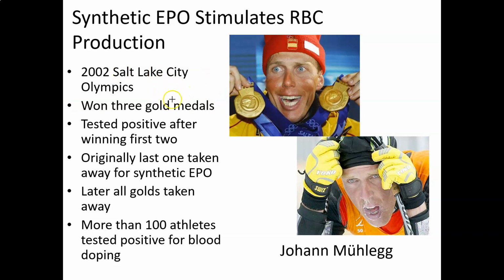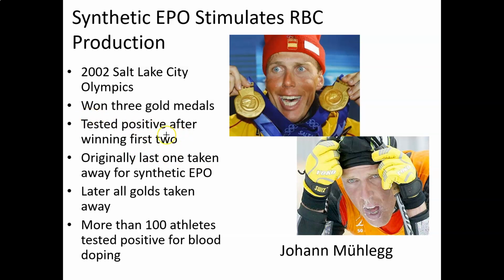So in the Salt Lake City Olympics in 2002, they actually figured out how to test for the synthetic erythropoietin and didn't tell anybody. And so what they were doing is they were doing the tests and not looking at it, and not letting the athletes know. So here's Johann Muehlegg, who won 2 gold medals initially, and then won a 3rd gold medal.